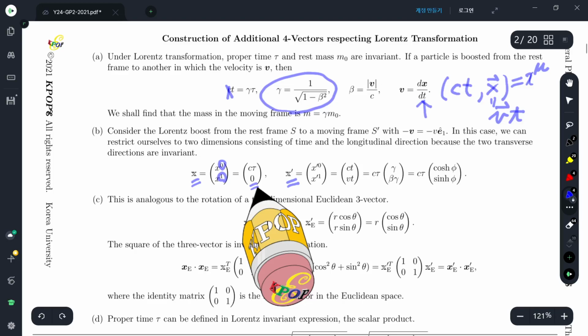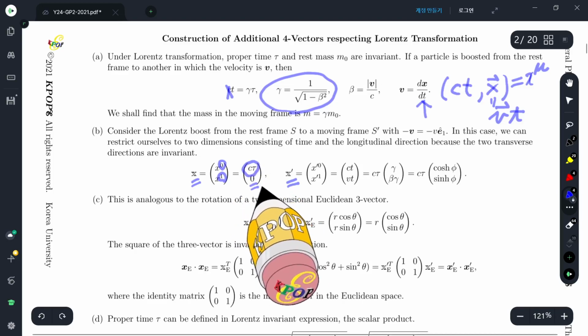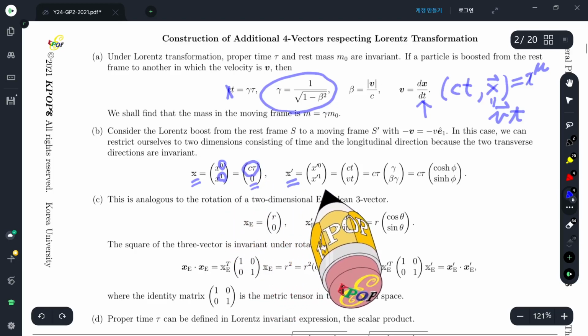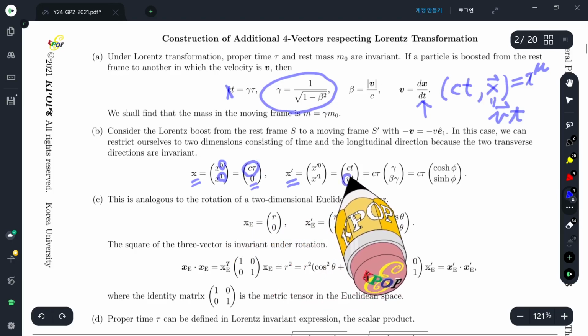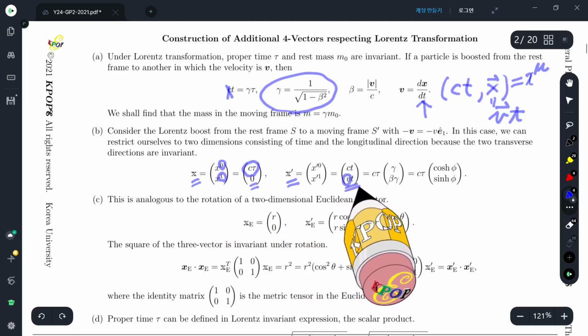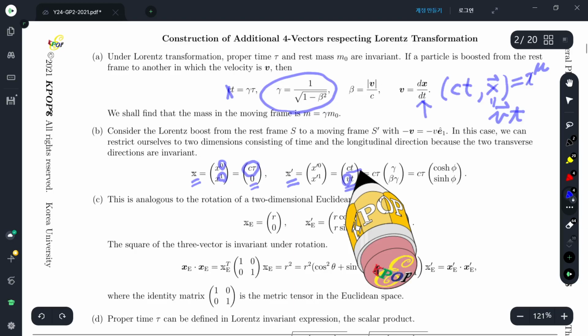It is vanishing. Only the proper time goes by. In the frame where a particle is moving with a velocity v, its displacement along the x-axis is vt, and time flows with the same rate.